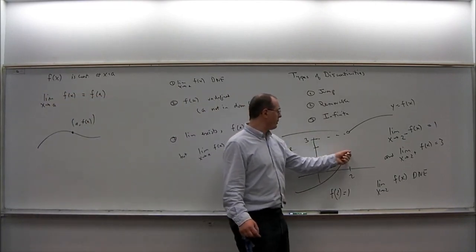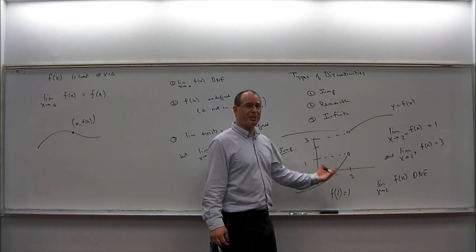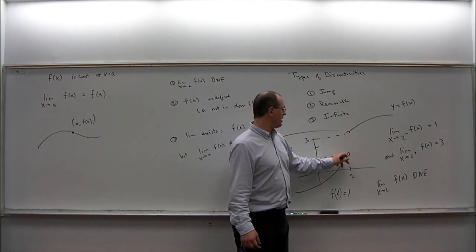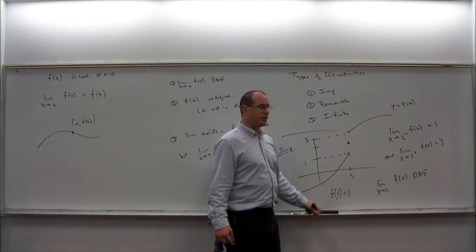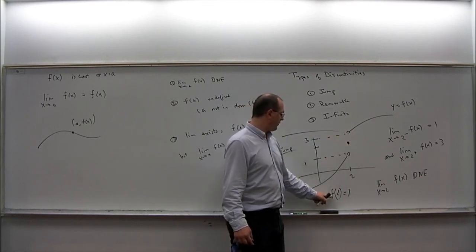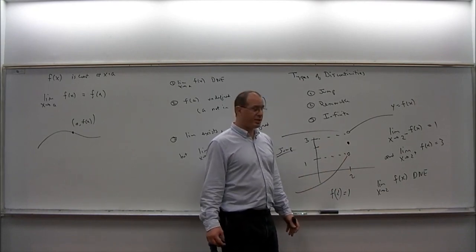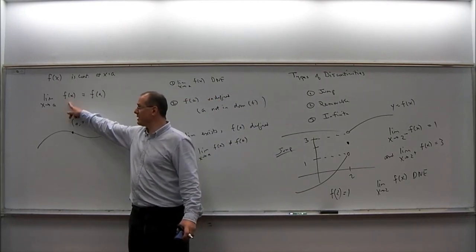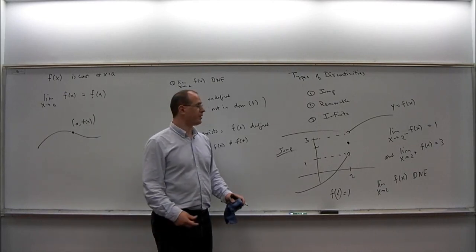If this were an open circle, we would still have a jump discontinuity at x equals 2. Or if there were a dot there, so that f of 2 were equal to 2, we would still have a jump discontinuity. The jump discontinuity comes from the limit not existing because the left and right limits are different numbers.